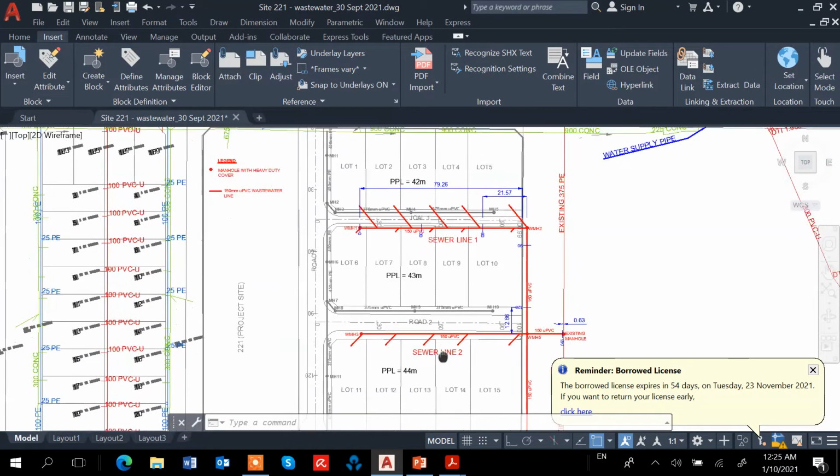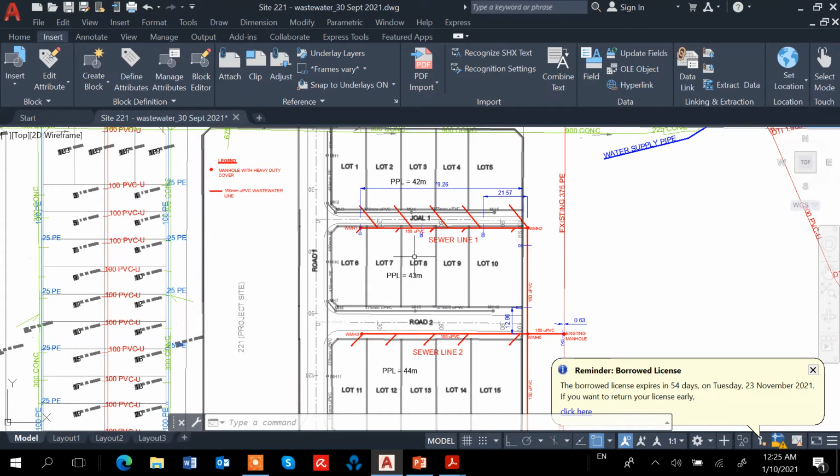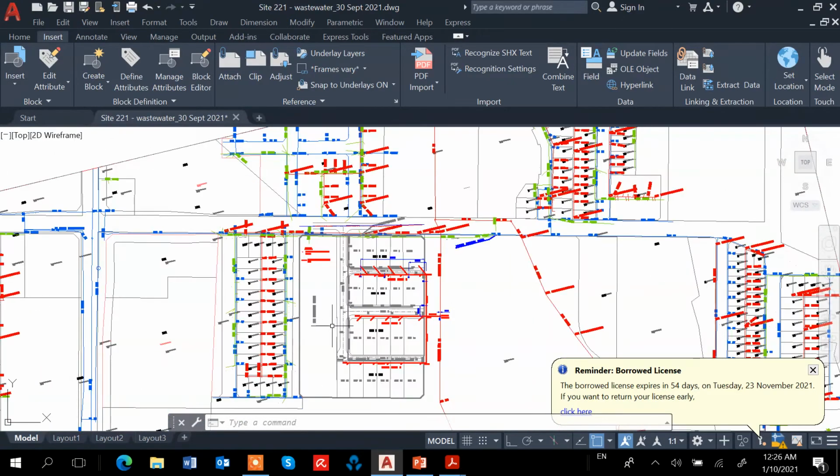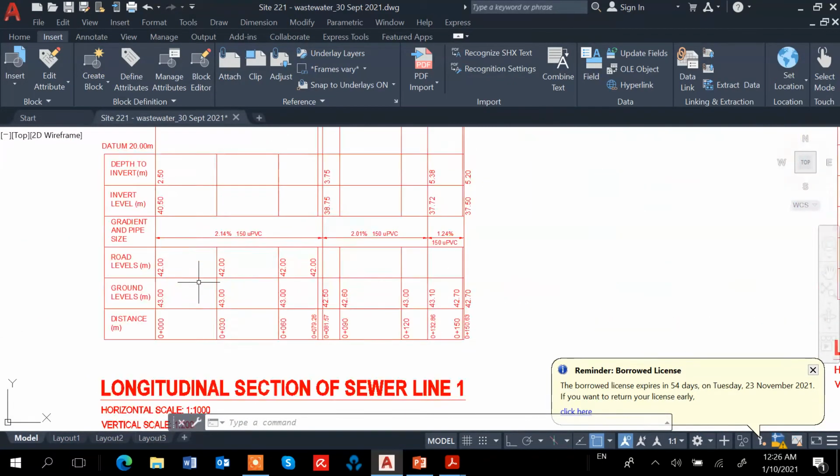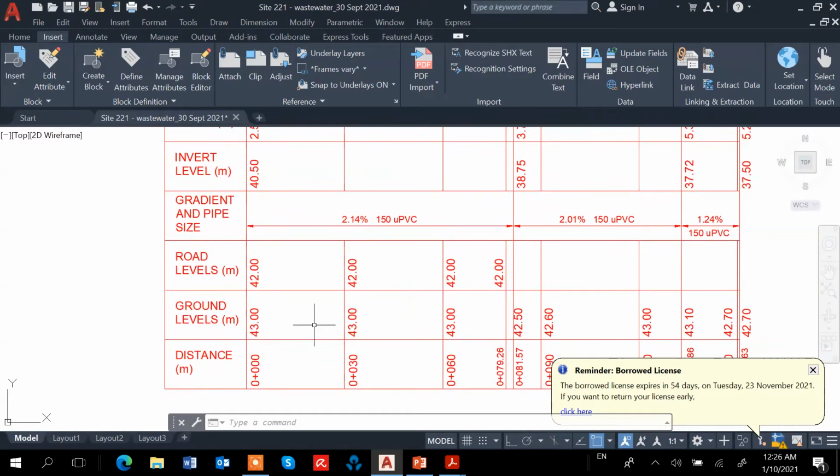Okay, so now we are in the process of doing the long section. To do the long section, it's quite different from the rodding, so we need more values.